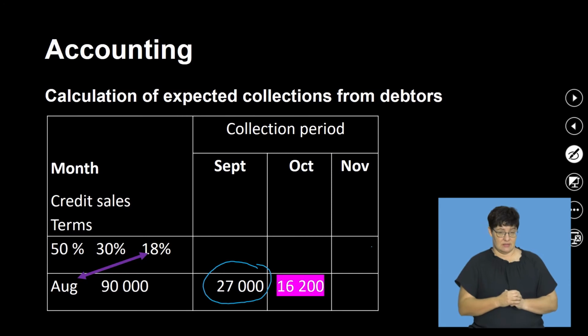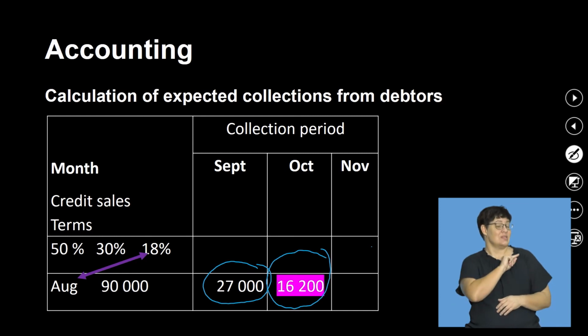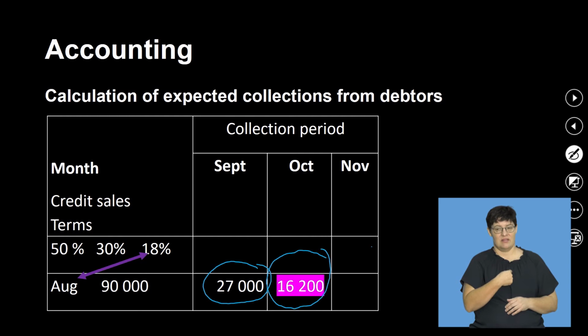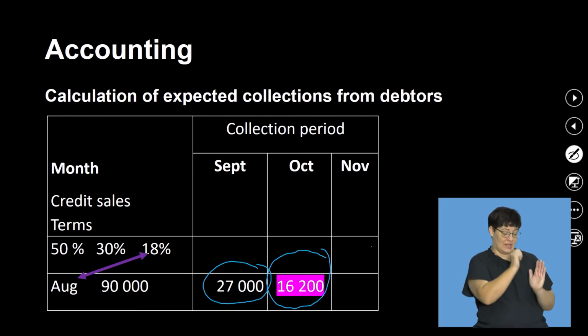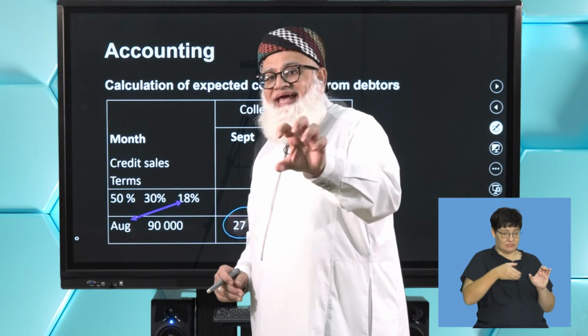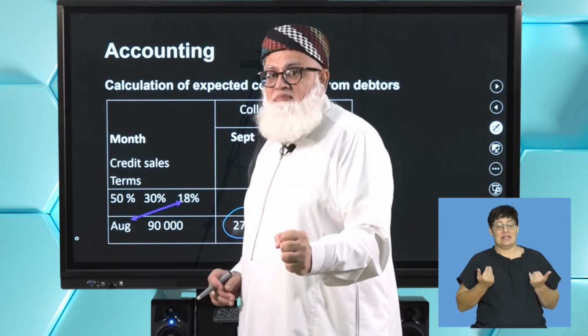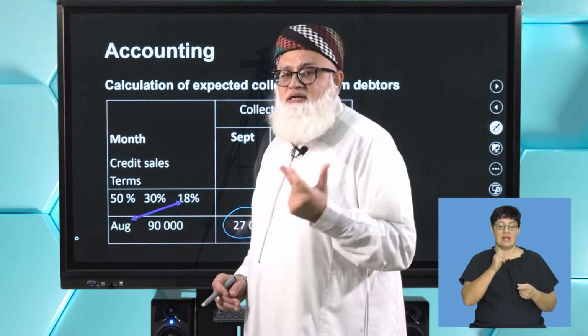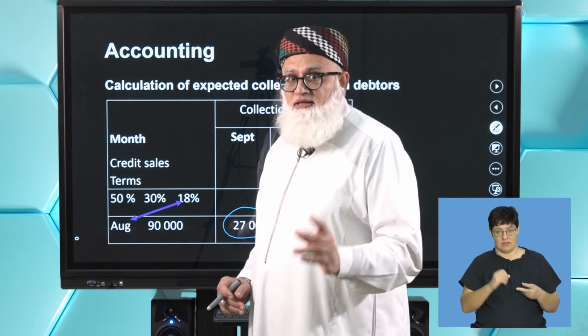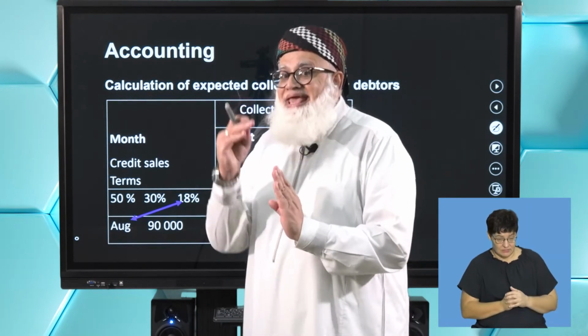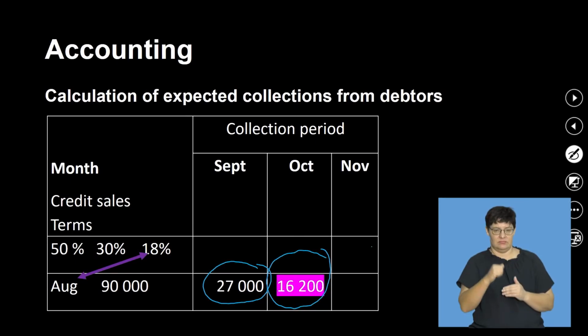As you can clearly see, there's your 16,200, and this means that the August sale has been broken up into all the anticipated receipts, namely September and October. Clear? So in this way, you take each month. Let's go to the next month.